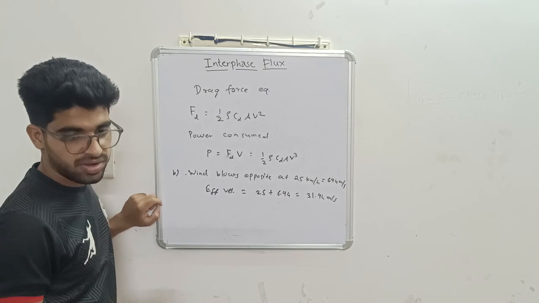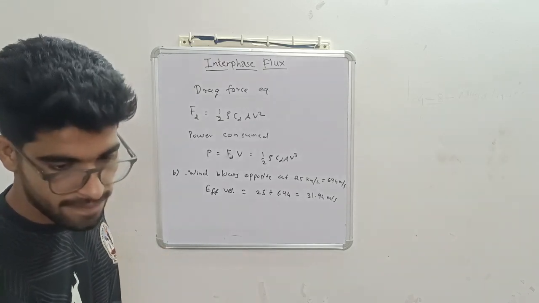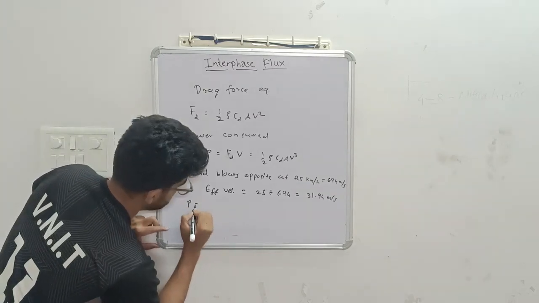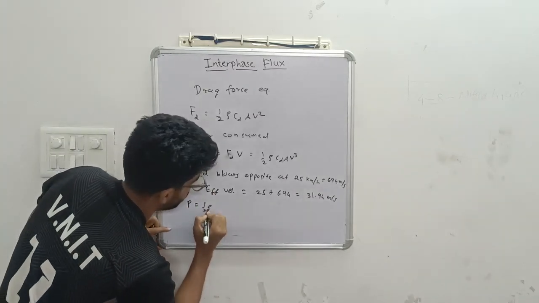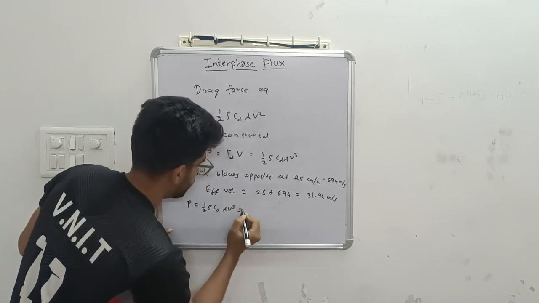Here basically we have to find power, and for power we apply the same formula of rho Cd A V cubed. Now putting the values.